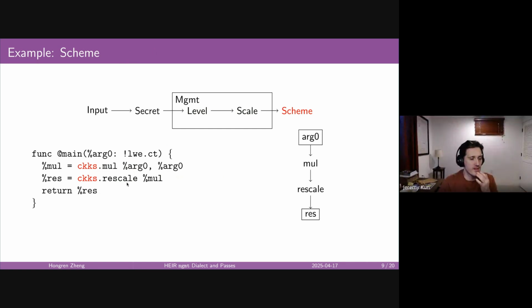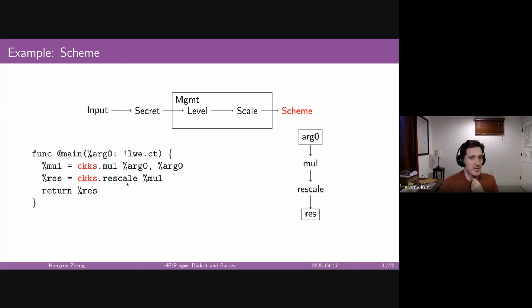One thing I think is that part of the reason we're doing the management before the scheme is that we need to generate LWE types when we convert to the scheme dialect, and some of these attributes are necessary to know at the time that we generate those types.